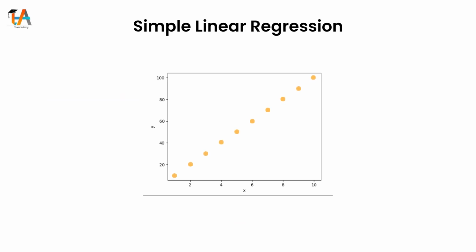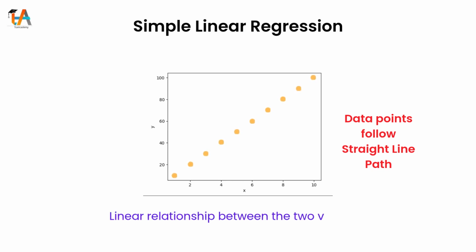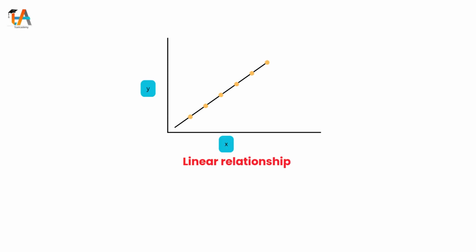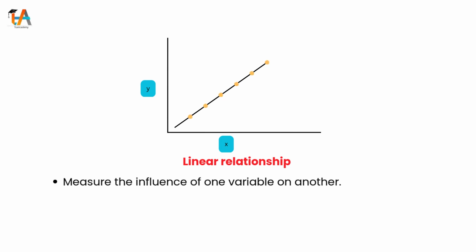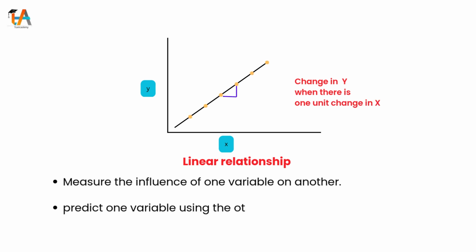When we plot data points of two variables on a 2D space using a scatter plot, and observe that the points follow a straight line path, then we say that there is a linear relationship between the two variables. Thus, if variables follow a linear relationship, we can use linear regression to measure the influence of one variable on another. By this statement, I mean that it quantifies the change in y when a change is made in one unit of x, and to predict one variable using the other.